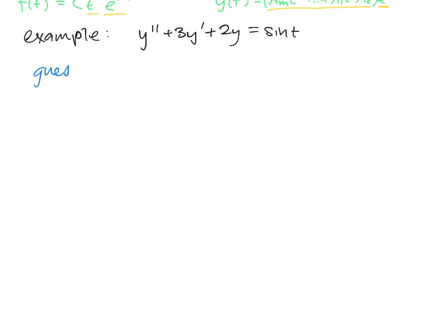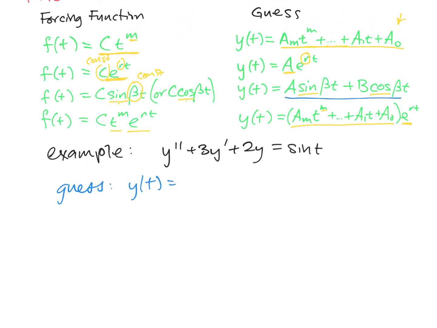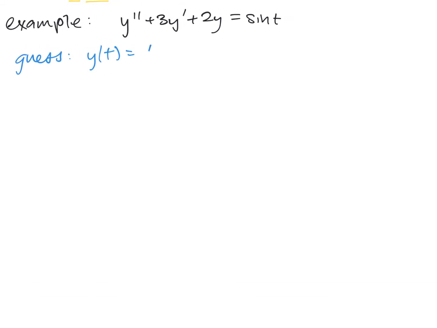Our guess is going to be y of t equals, remember, go up to our table. We need a sine term and a cosine term. Our beta in this case is 1. So let's do a sine t plus b cosine t.